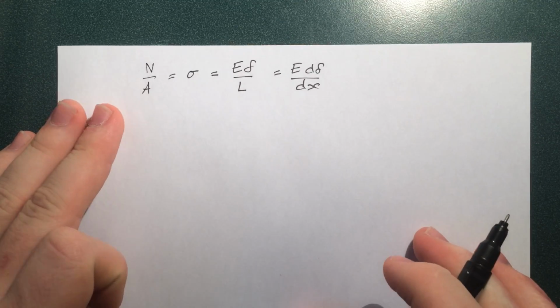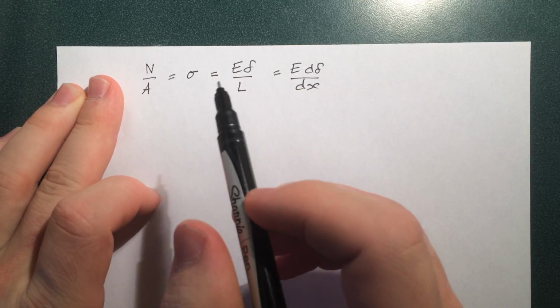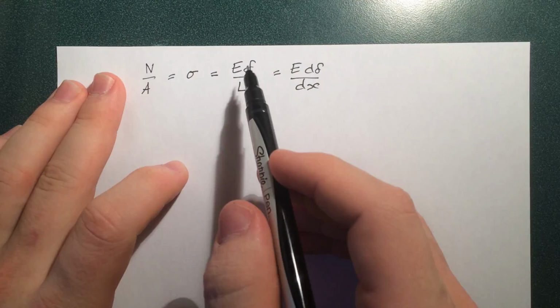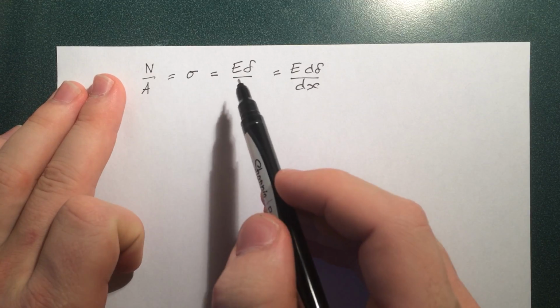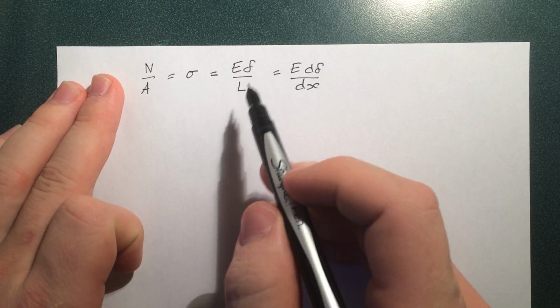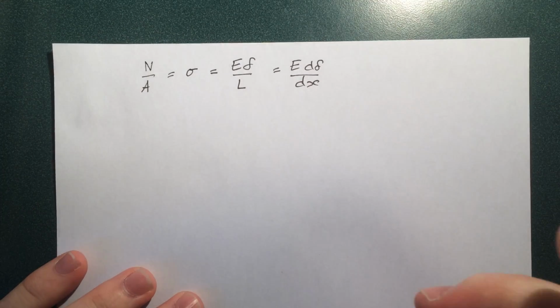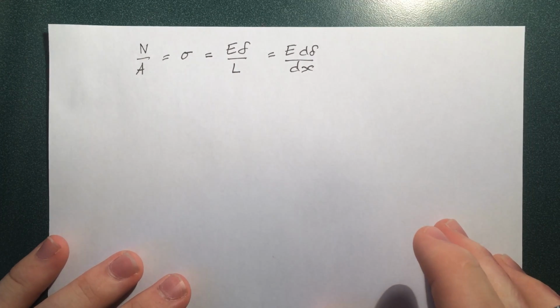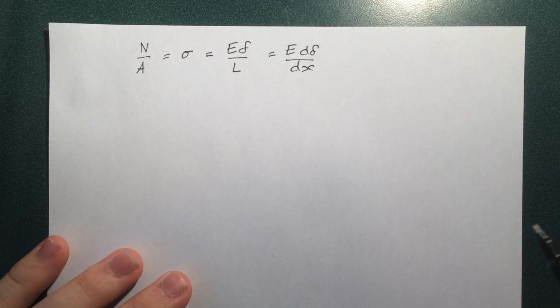Alright, so you should recognize this equation. This is stress, alright, and then you can rearrange this to delta equals NL over AE. And here you have the differential form of that equation. So this is pretty much an equation that sums up all the equations in axial bar world.